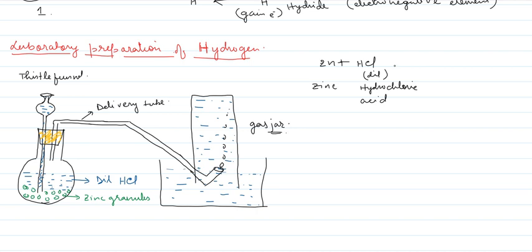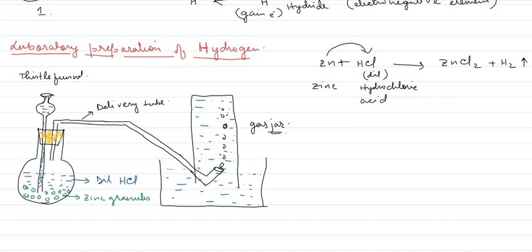Here a displacement reaction takes place, and the zinc displaces the hydrogen, and it forms what? It forms zinc chloride plus hydrogen gas. So hydrogen gas is formed here, and this hydrogen gas is collected in this gas jar.